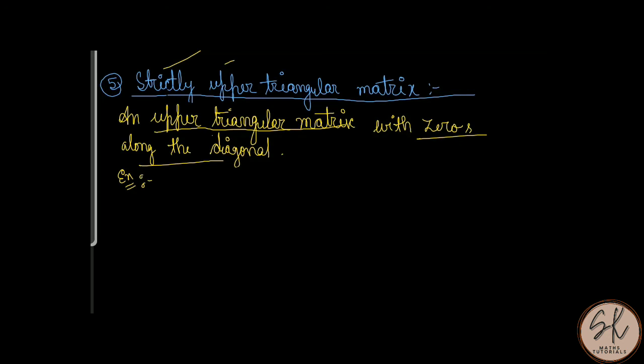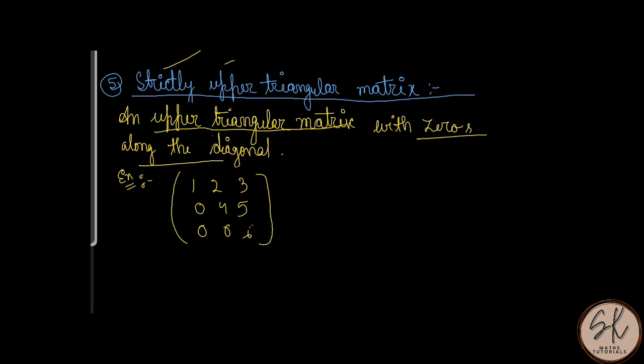Okay. So now see, the next type of matrix is the strictly upper triangular matrix. Okay, an upper triangular matrix with zeros along the diagonal is known as a strictly upper triangular matrix. See, we know that here 1, 2, 3, 0, 4, 5 and 0, 0, 6.